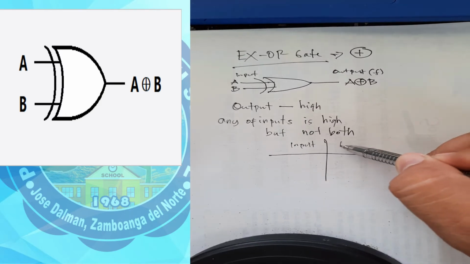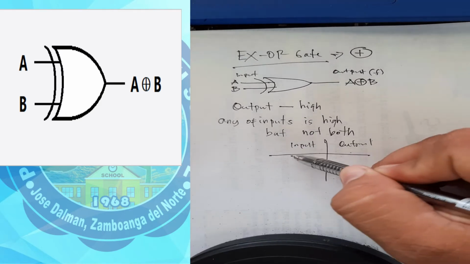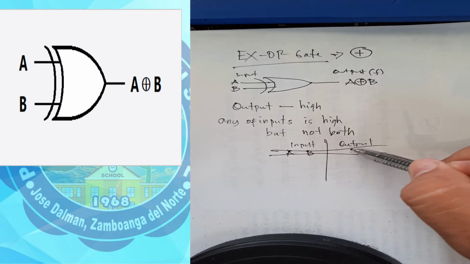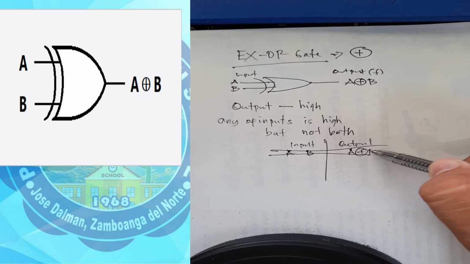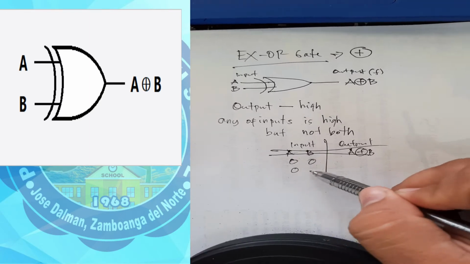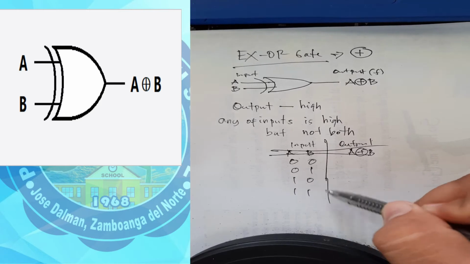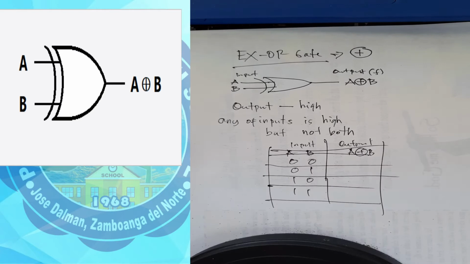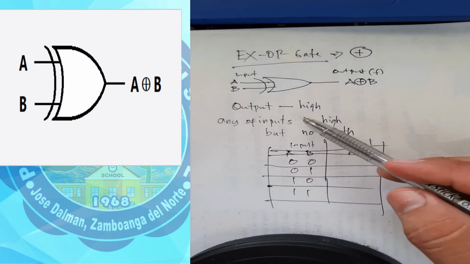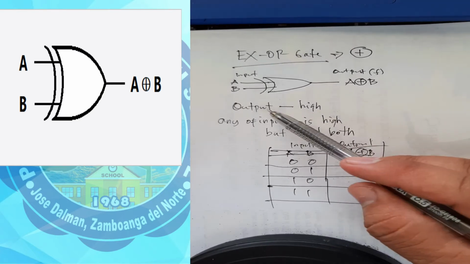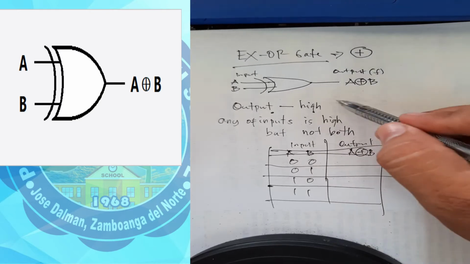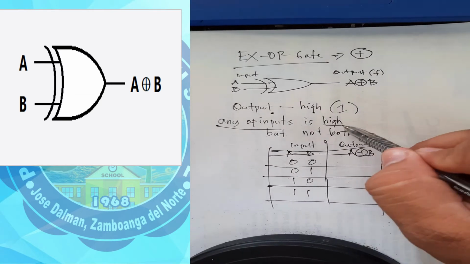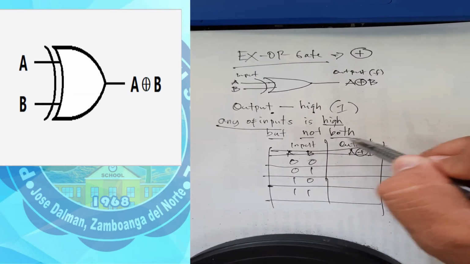Let us use the truth table here. This is your A and B inputs, and this is your output. 0, 0, 0, 1, 1, 0, 1, 1. Sabi dito, magbibigay lamang ang XOR gate ng output na 1, high, if any of its inputs is high but not both.